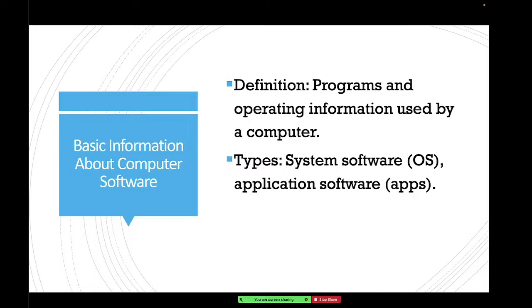So we have different kinds of operating systems. When you talk about operating system, we look at something like Windows. I believe you might have heard about it. So Windows is a system software. It is an operating system. Then we have Mac operating system.